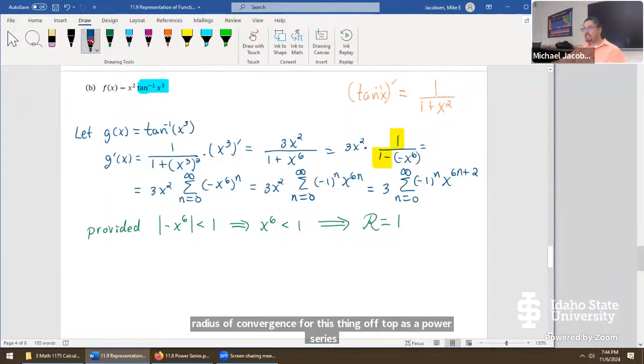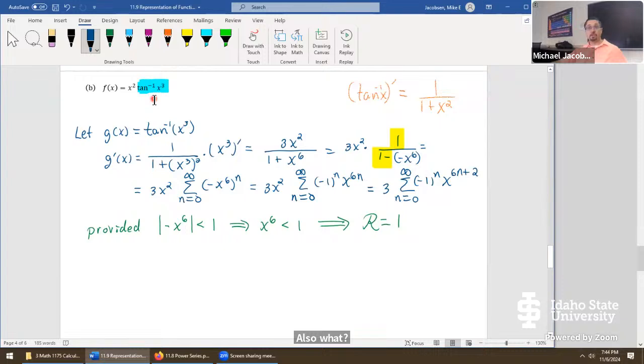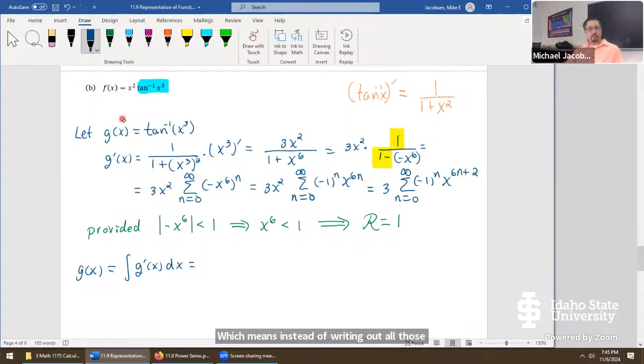So now that we've done that, we still don't have the function in blue. That's g of x, but we can say g of x, copying what we did in part A, is the antiderivative of g prime of x. Instead of writing out all those steps like we did before, if you want to take a shortcut, here's what it would look like.